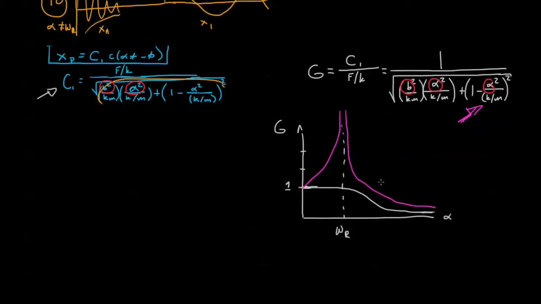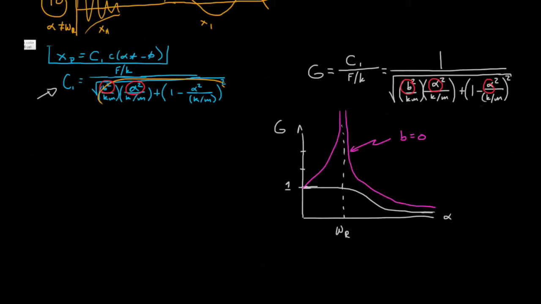And as we get further and further away from the resonant frequency, this number right here gets farther and farther away from 0. So in purple, we have graphed what happens if b equals 0.